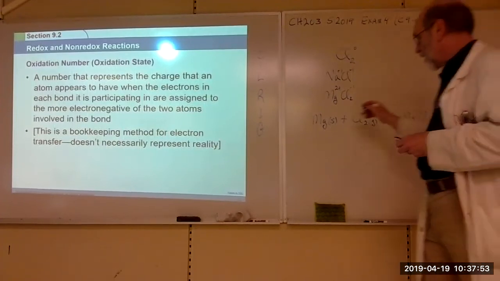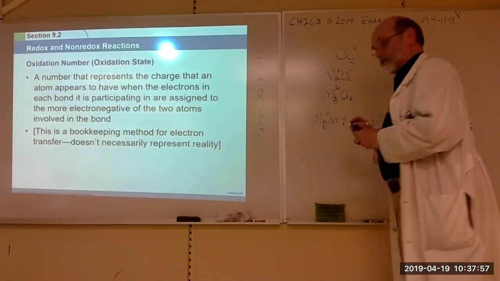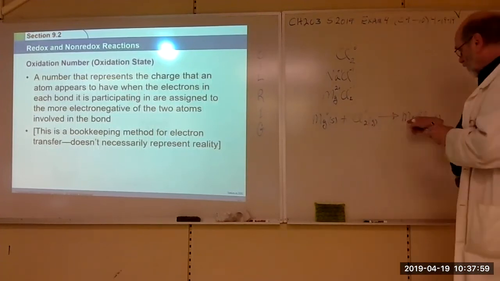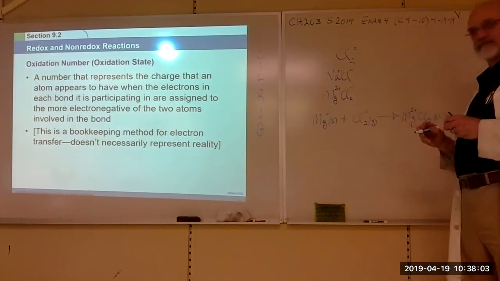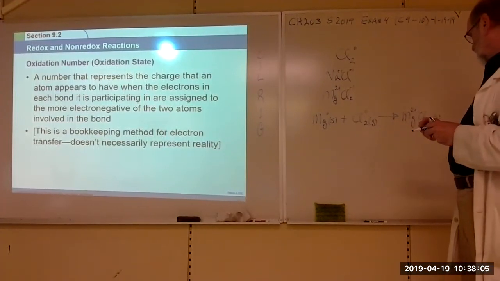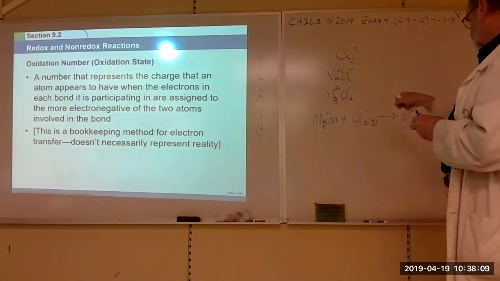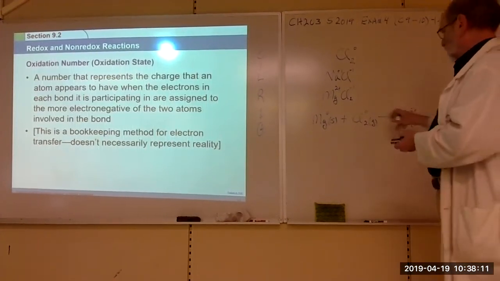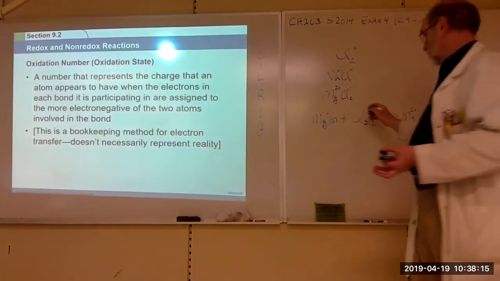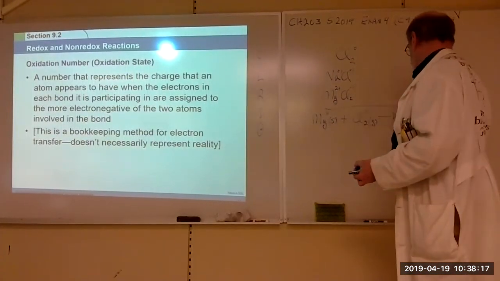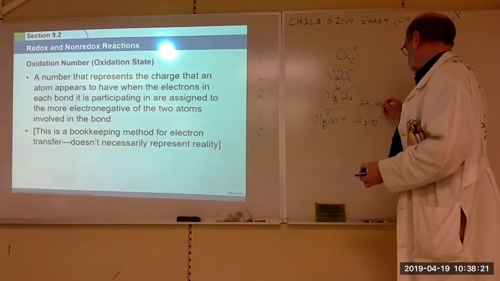we know that elements are always 0, right? So if magnesium is 2+, what happened to magnesium? Oh, that's balanced. What happened to magnesium? It lost 2 electrons, so it went from here to here, 2 electron loss.